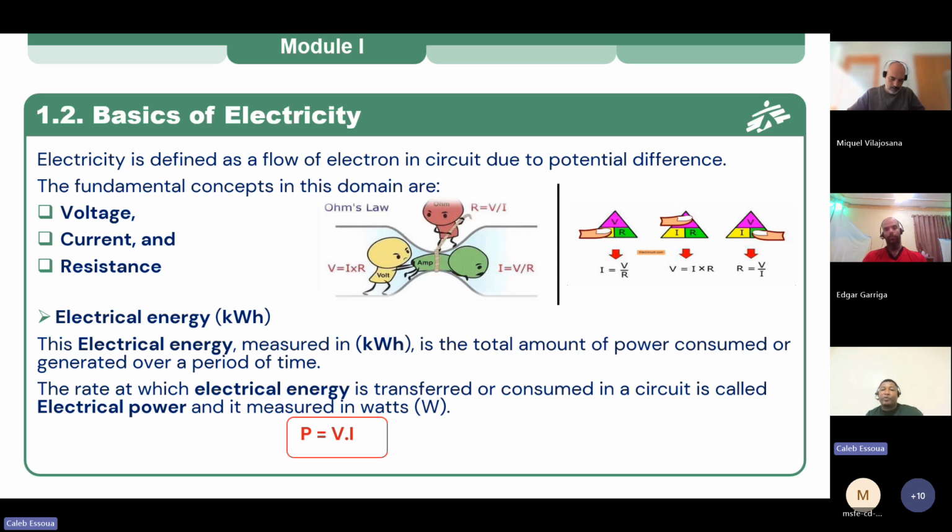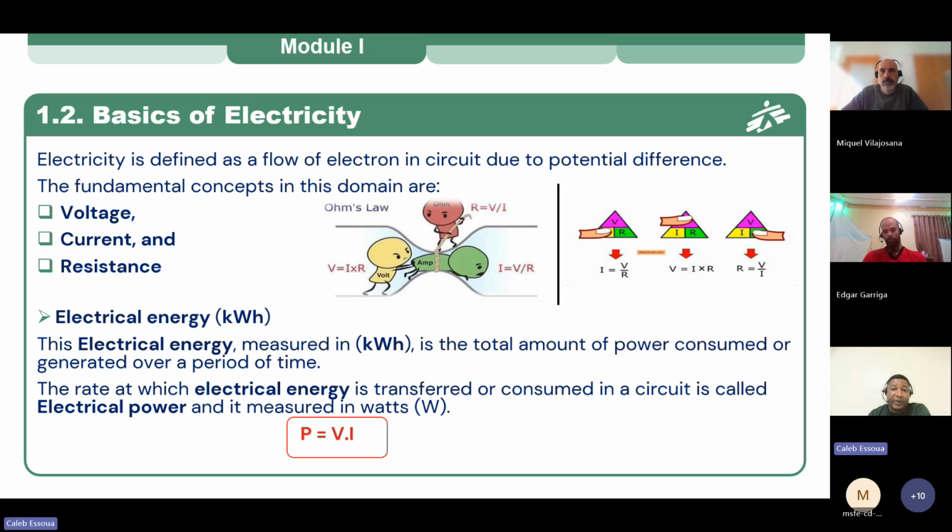And this movement of electrons due to the potential difference is called electrical energy. This electrical energy is measured in kilowatt-hours, the total amount of power consumed or generated over a period of time.